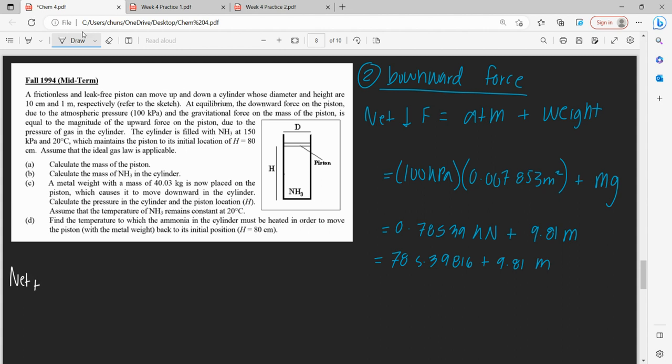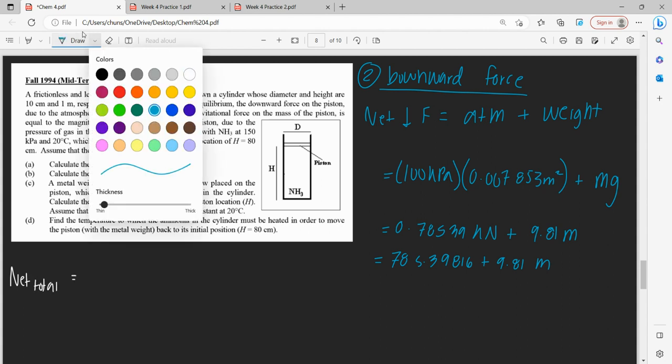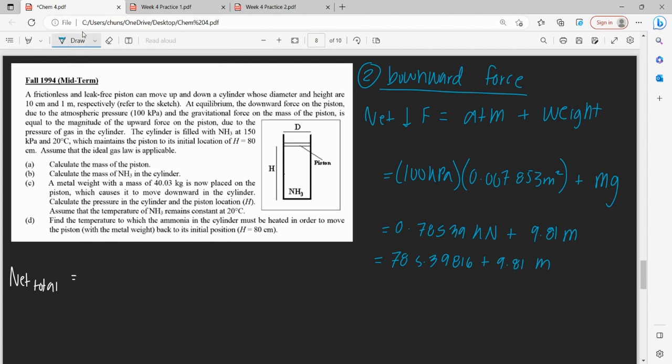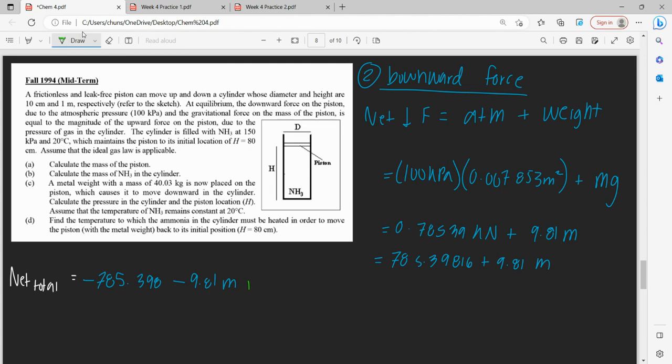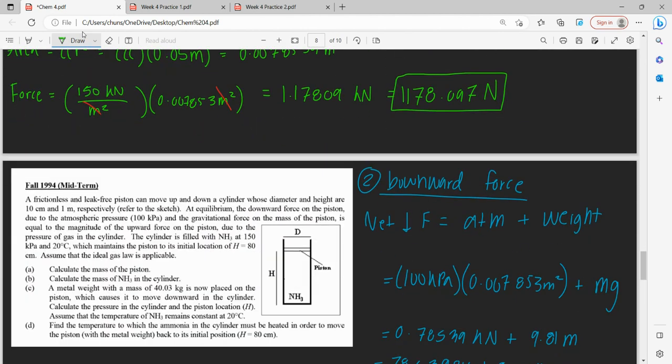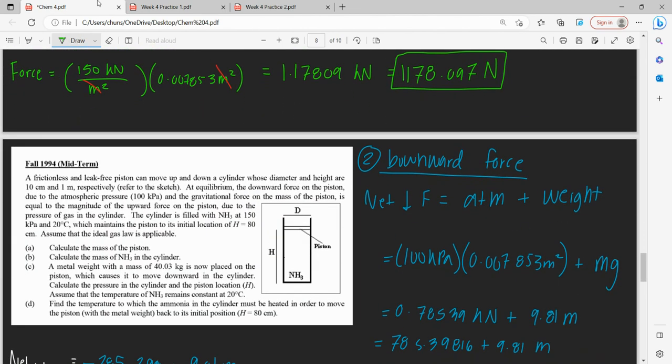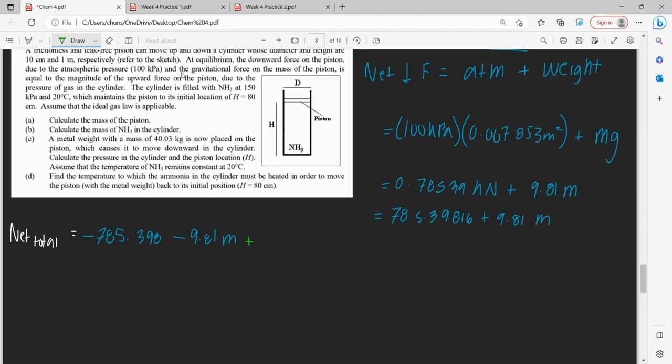So net total. So our downward forces, let's have them as a negative component. So this is minus 785.398 minus 9.81 times our mass, and this is plus the upwards force which we found in newtons, which is 1178.079.